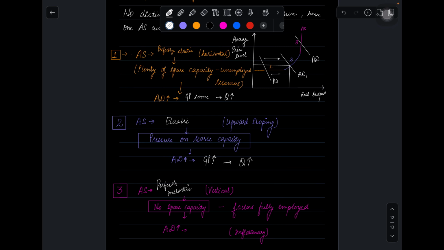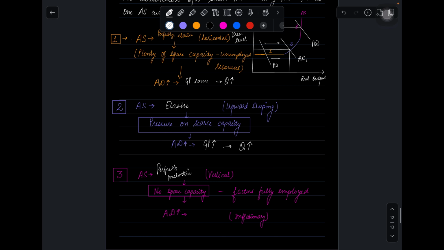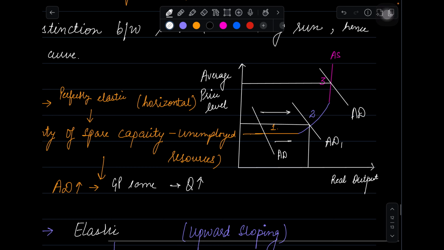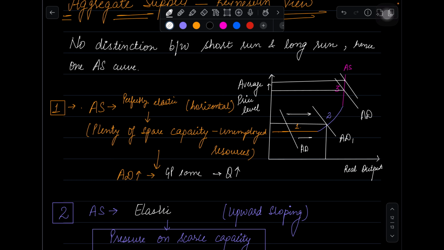Even if we increase the aggregate demand, there will only be an increase in the general price level and no increase in the capacity, no increase in the quantity. We cannot increase the quantity because this is the maximum level of output that can be produced in the economy, and hence it creates inflationary pressure. After this, if again the aggregate demand curve shifts, it is only increasing the price, but the quantity remains the same.